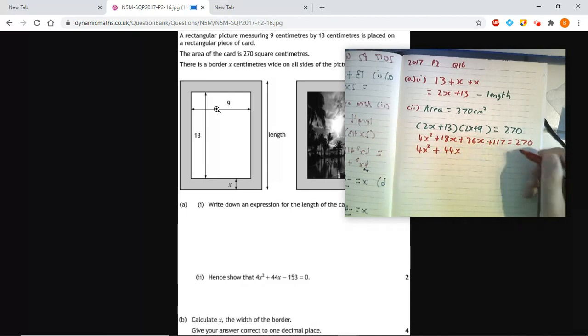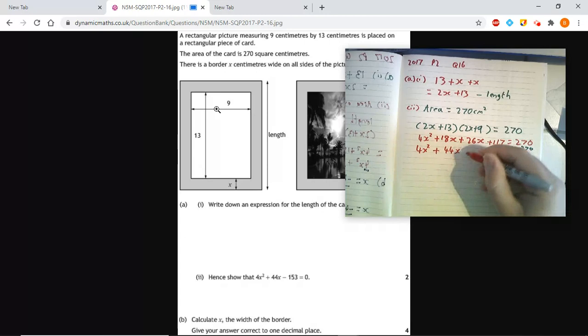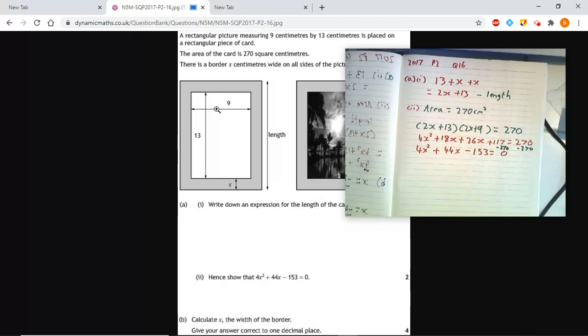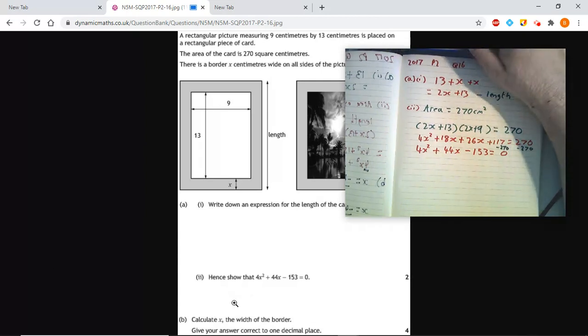And what we could do is subtract 270 from both sides of this equation. And what that'll do is, for a start, it'll give us a 0 on this side of the equation. And on this side, 117 take away 270 is going to be negative 153. So you'll see there that that's what we've been asked to show.